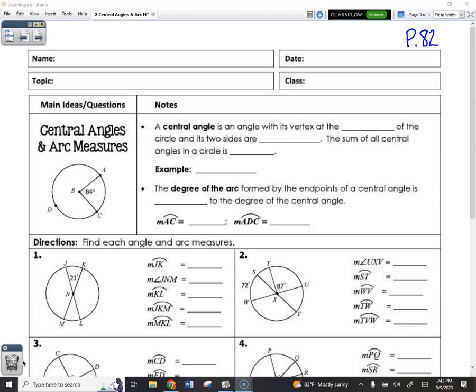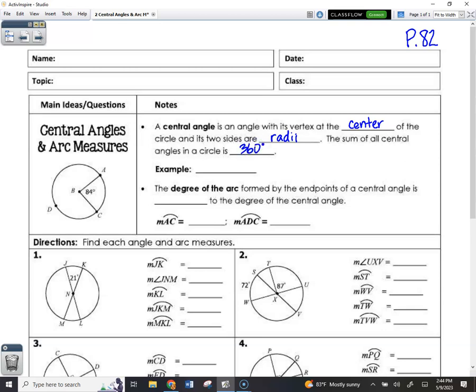A central angle is an angle with its vertex at the center of the circle, which means the two sides are radii. The sum of all central angles in a circle, meaning if you had an entire pizza sliced up and you measured the degrees in the corner of every slice, how many degrees would there be total? 360.